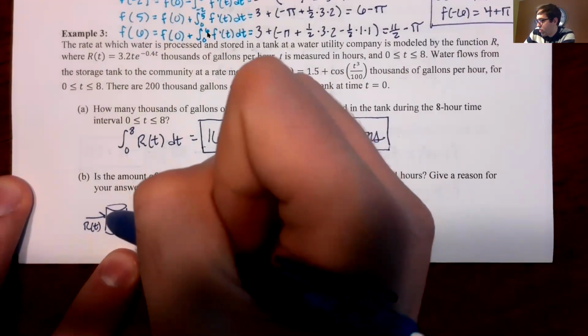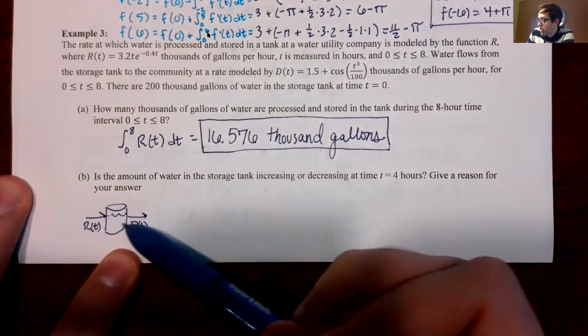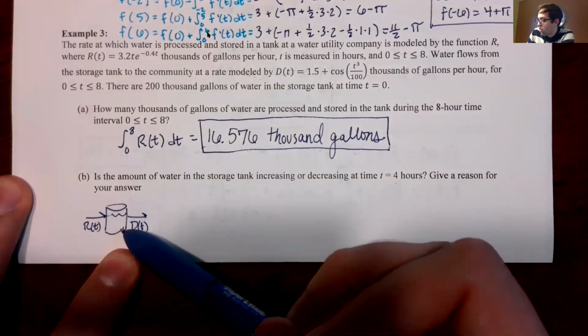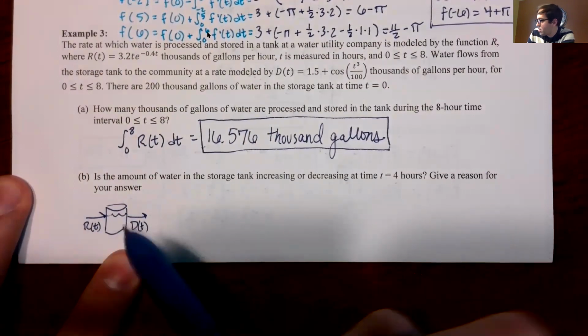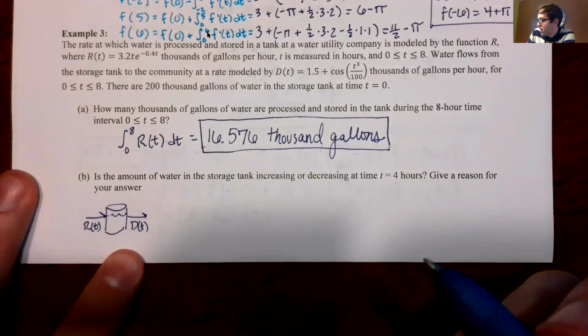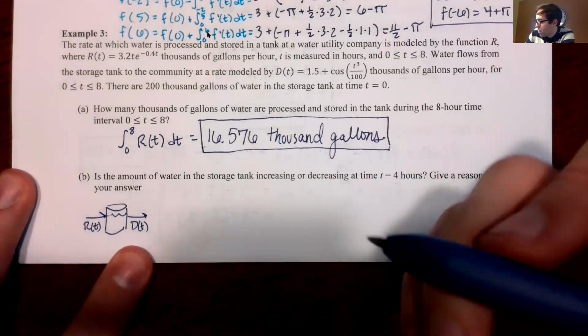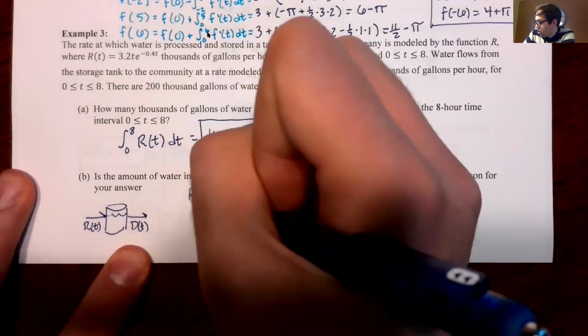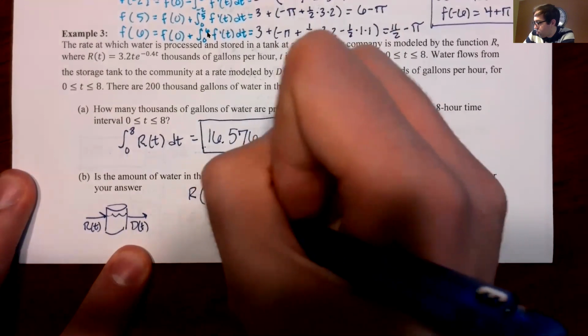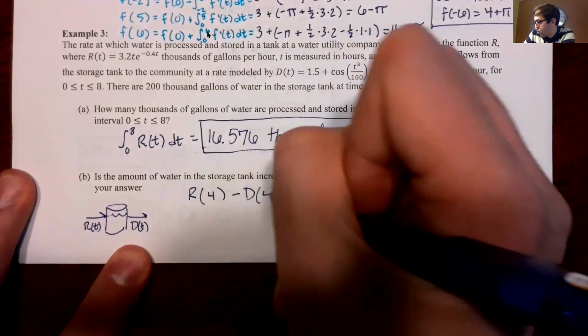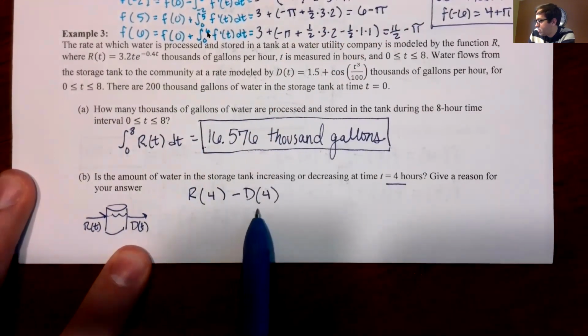The water level inside the tank might be rising or lowering based off of which of these rates is larger, right? So specifically for this question, what we might do is figure out R of 4 minus D of 4, right? Because this is the rate in, this is the rate out.